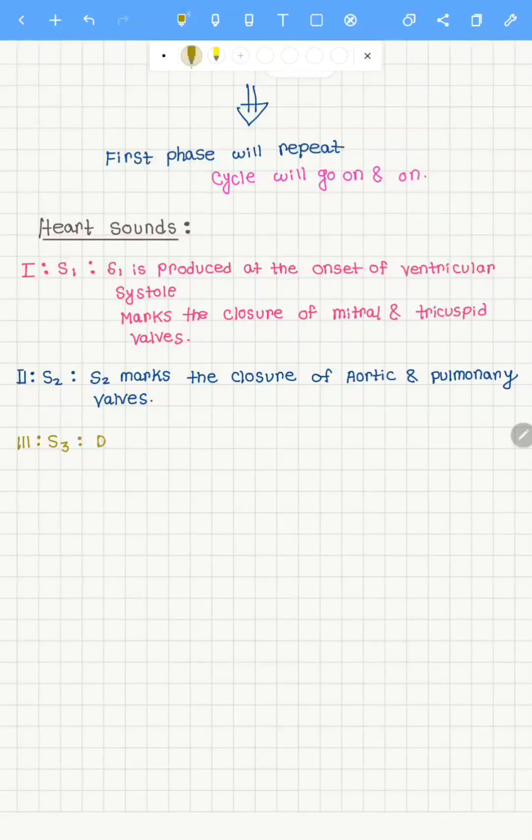During rapid passive ventricular filling, there may be a sound, which is nothing but the S3 only. Now we will come to S4. Let's use a different pen.